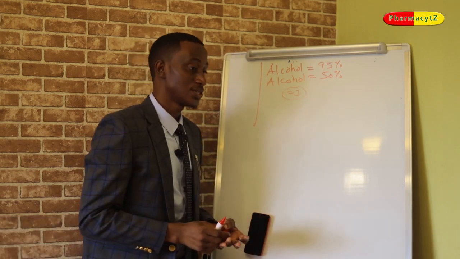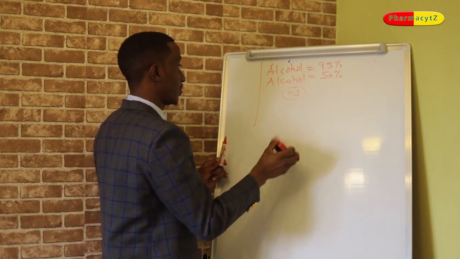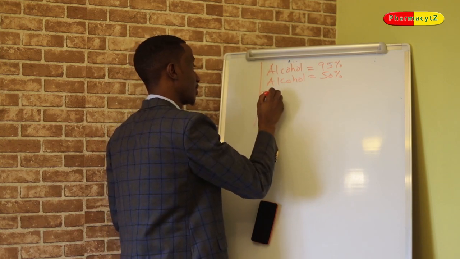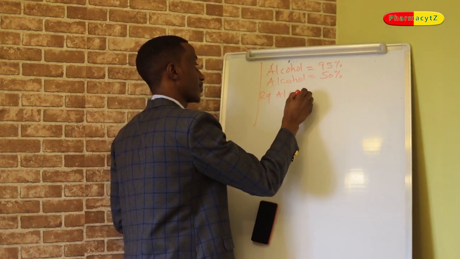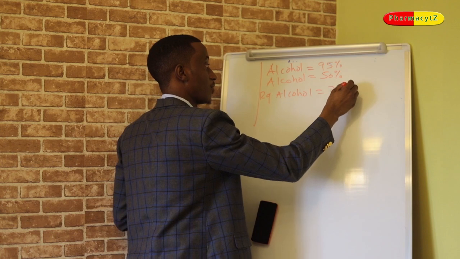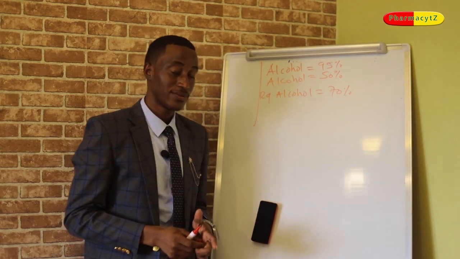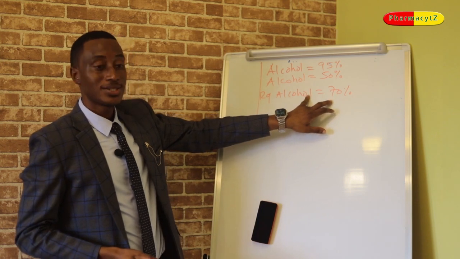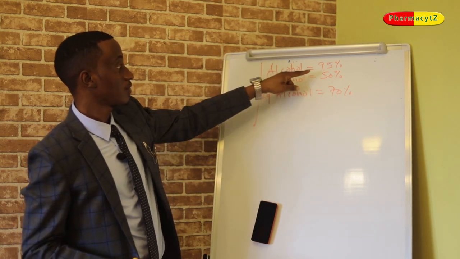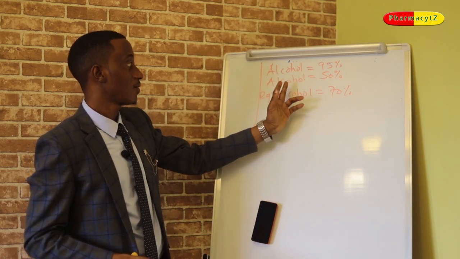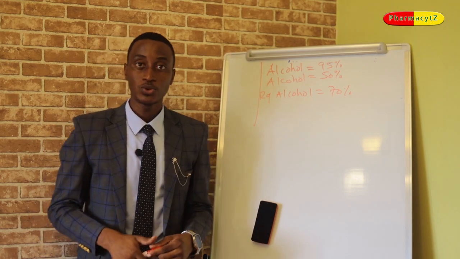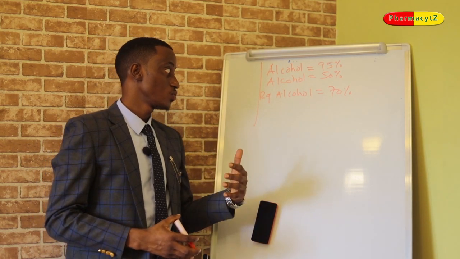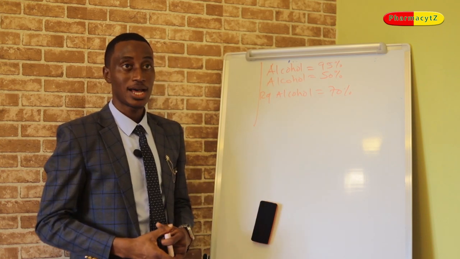What is the percentage strength? Alcohol 3, the required alcohol, should have the final percentage strength of 70. So 70% alcohol is the result of mixing alcohol 95% and alcohol 50%. But we don't know in what proportions exactly we need to use to get 70% alcohol.